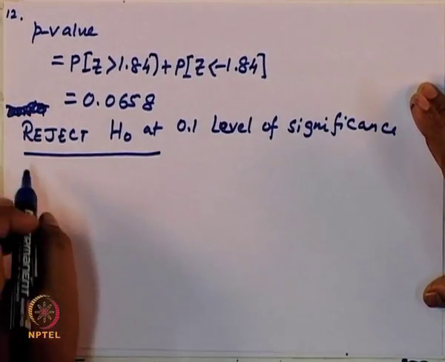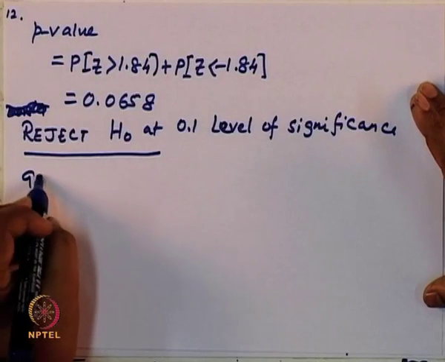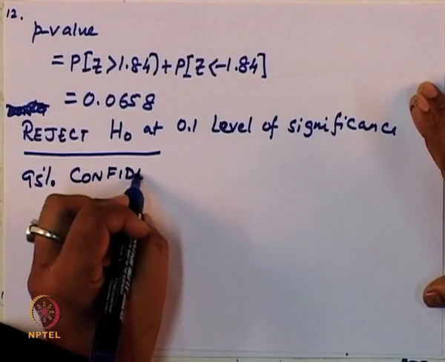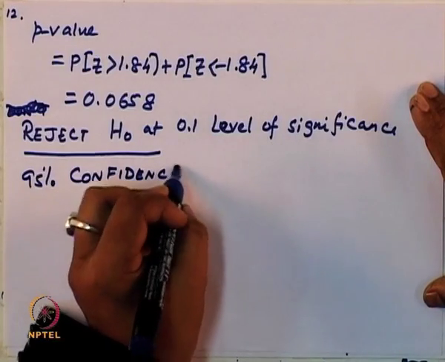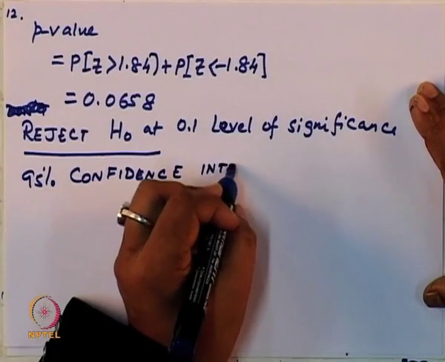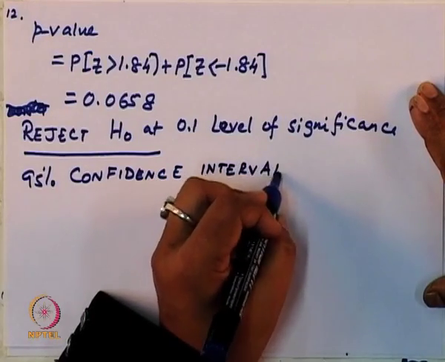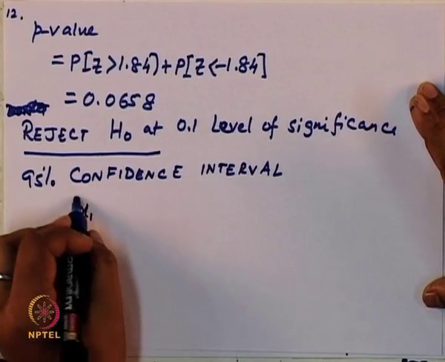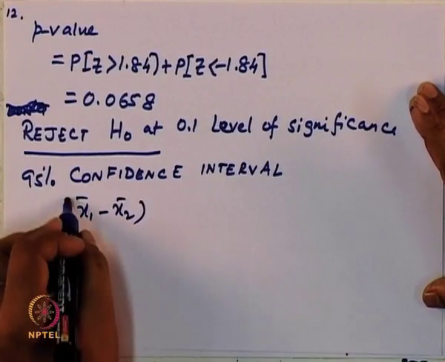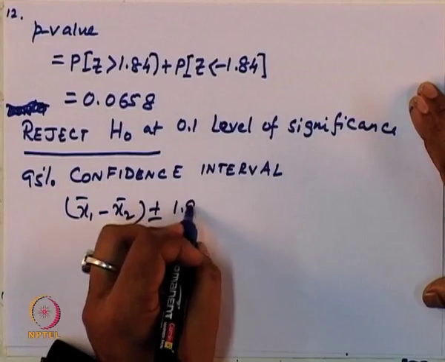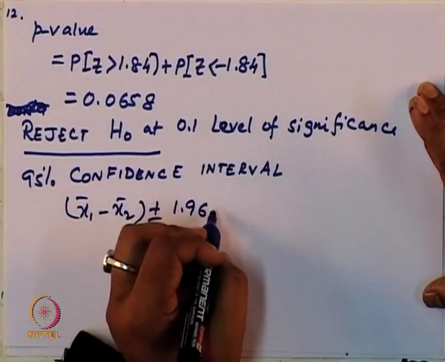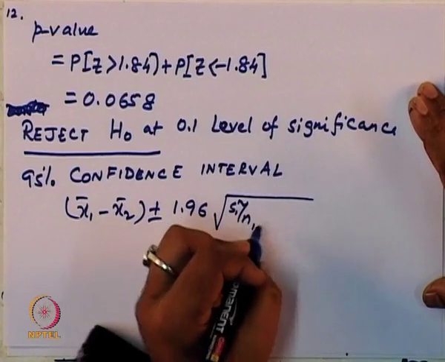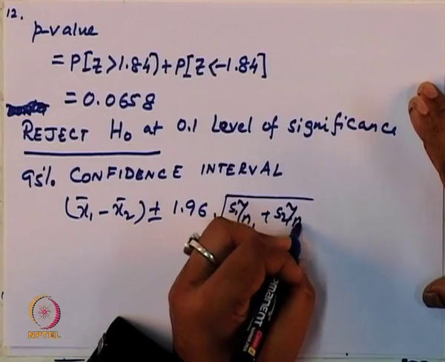Okay. And you can see that if you calculate the 95% confidence interval, it comes out to be x1 bar minus x2 bar plus or minus 1.96 times SE, which is root of S1 square by N1 plus S2 square by N2.